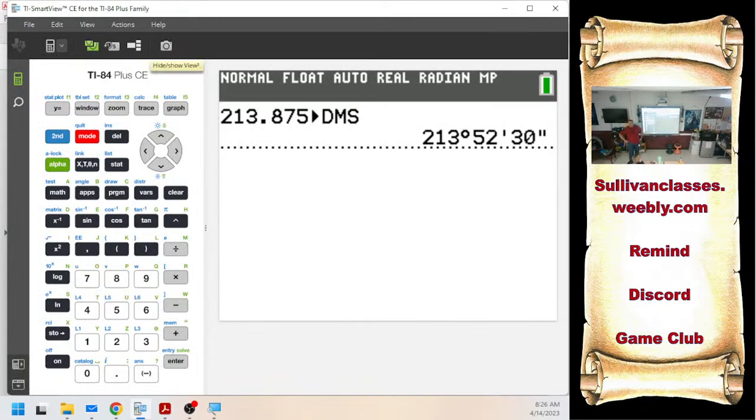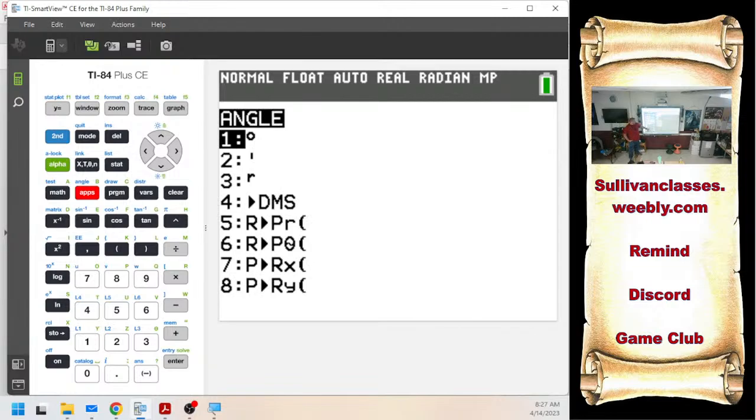It's just in your calculator. Yeah. If I do 213 degrees and I go to second right above apps, it's angle. And there's the degree, the minute, the second symbols. There is also change to DMS or change to decimal. So if I had like 218 degrees or point, then I would just second, go to angle, and switch it over to DMS.